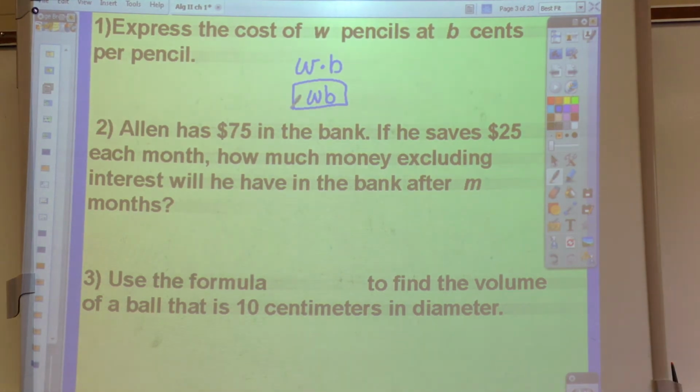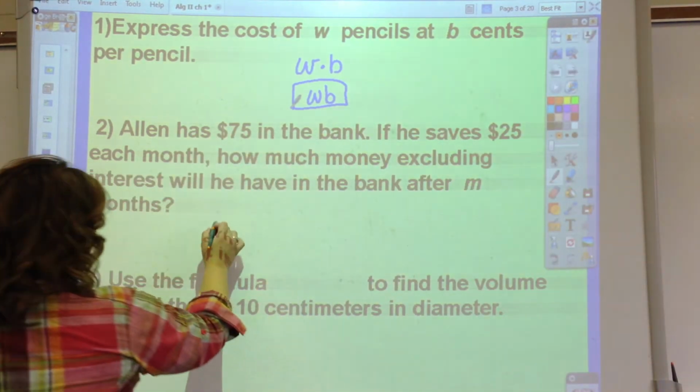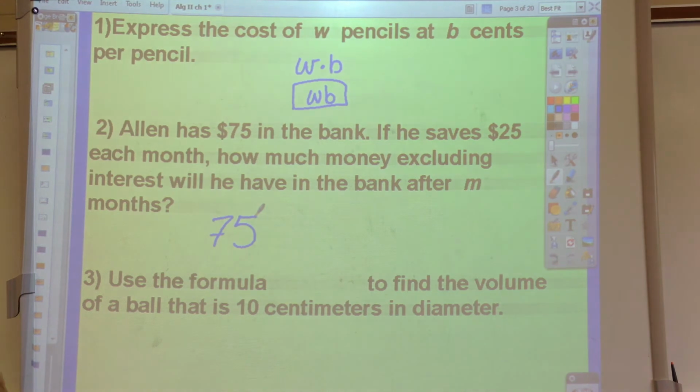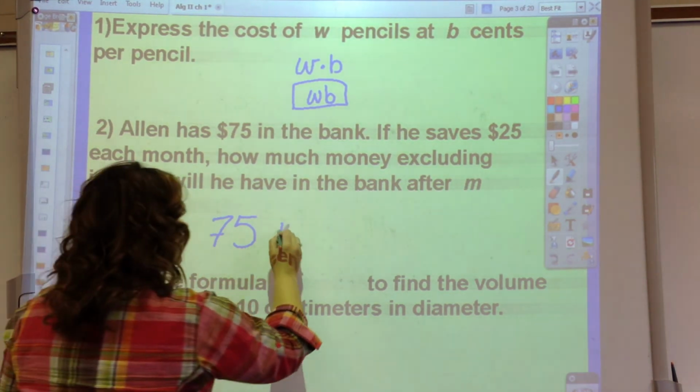Alan has $75 in the bank. He's going to save $25 each month. How much money, excluding interest, will he have in the bank after M months? Well, he begins with 75 and he saves 25. So if he is going to continue adding to his bank account, we want to use that addition symbol.